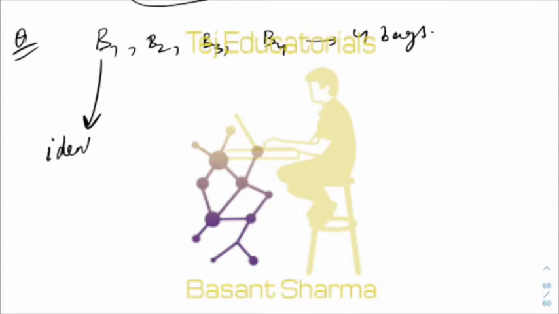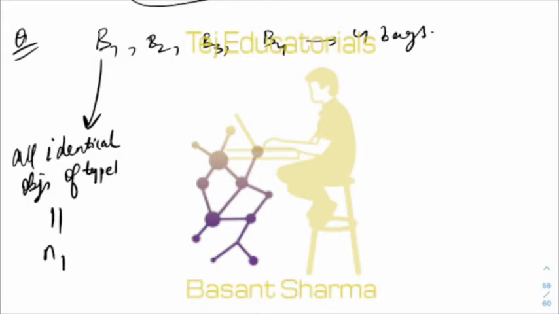Now B1 contains identical objects, all identical objects of type 1, and they are equal to n1 in number. Similarly, B2 contains identical objects of type 2 and they are n2 in number.